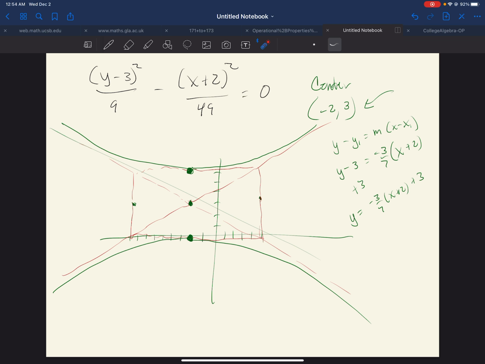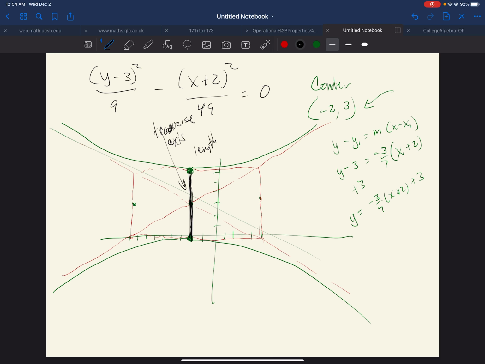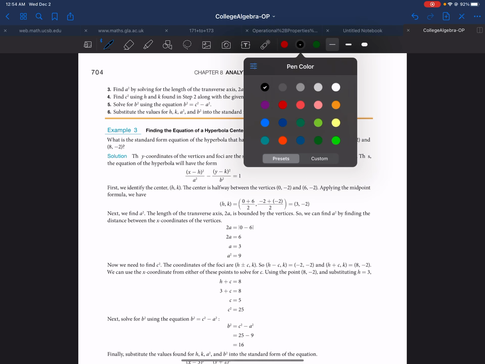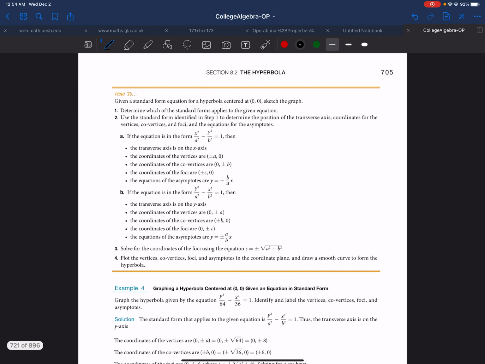And so I can tell then that this is the transverse axis, and I know the length of it is 6. And I can get that just from my picture. And I don't need to memorize a bunch of other pieces for that.